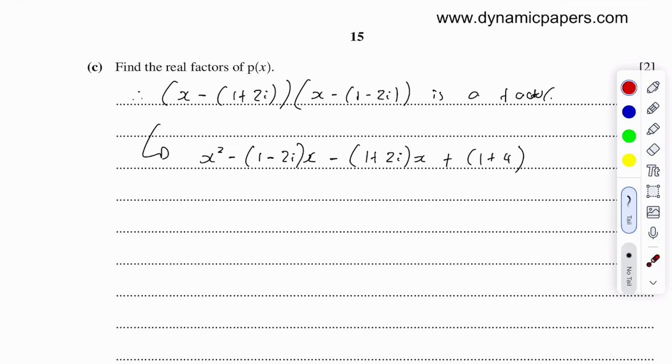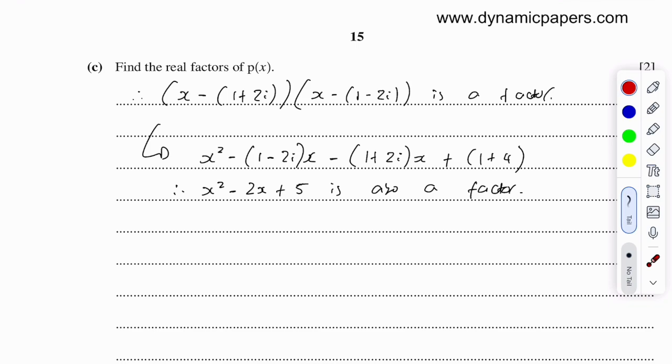Now with that in mind, if we expand this out even further, therefore x squared minus 2x plus 5 is also a factor. So this is the same as this, and this is our factor here.